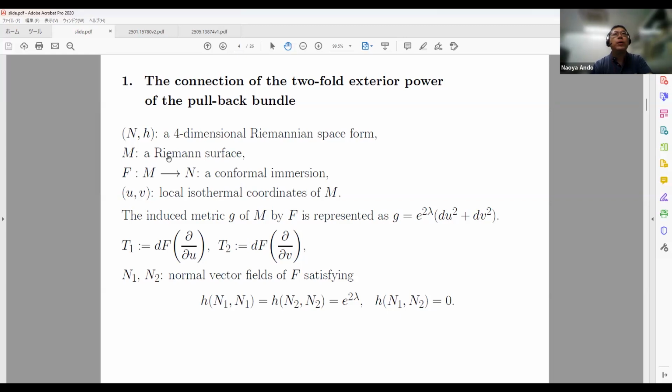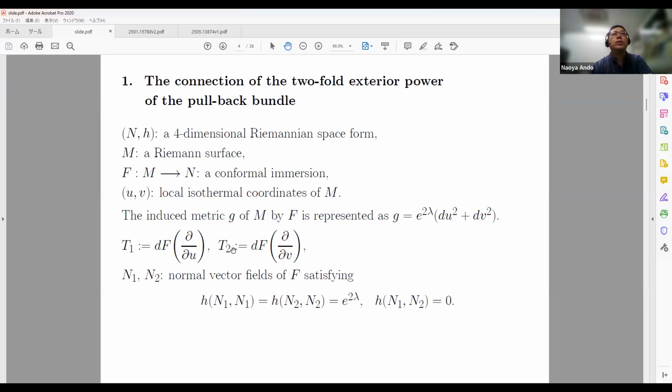Let M be a Riemann surface, and let F be a conformal immersion, and let (u, v) be local isothermal coordinates. Then the induced metric G of M by F is represented like this. Lambda is a real valued function.